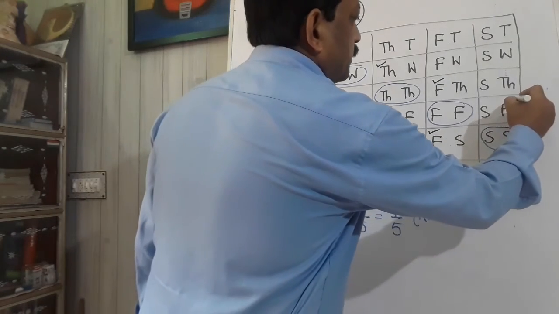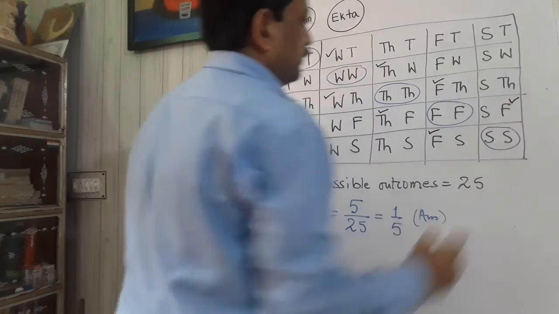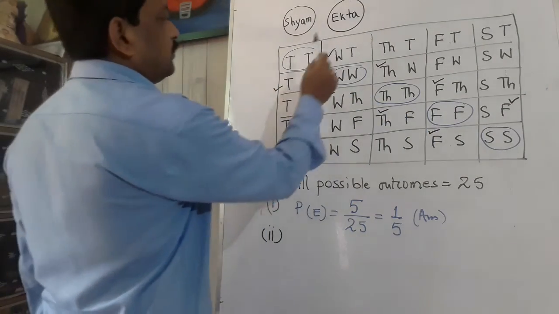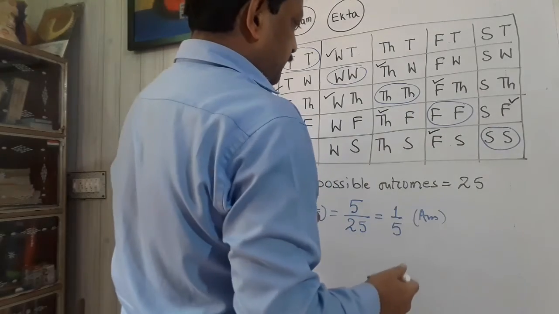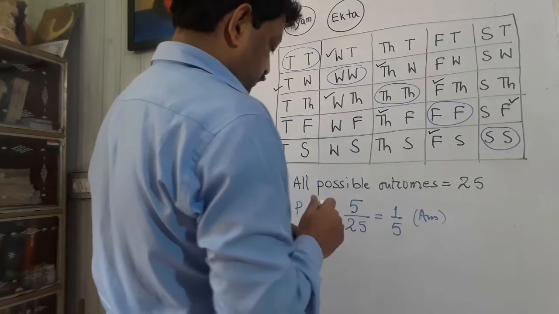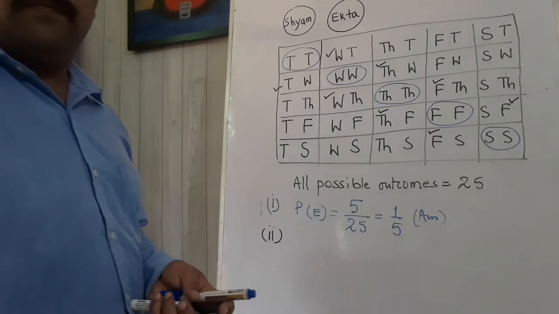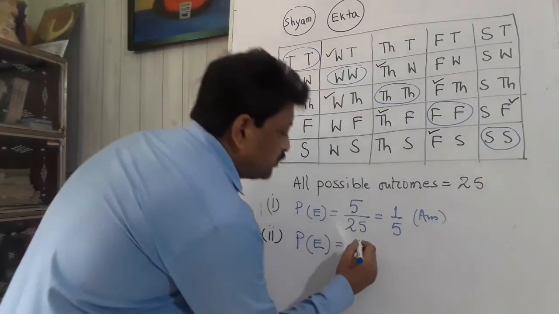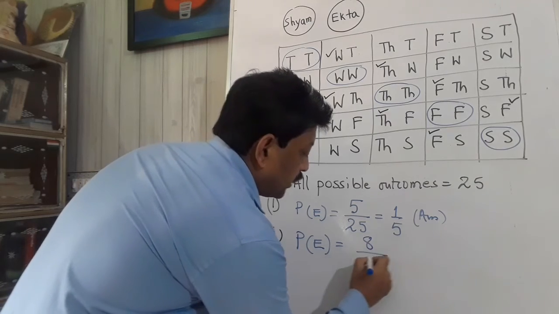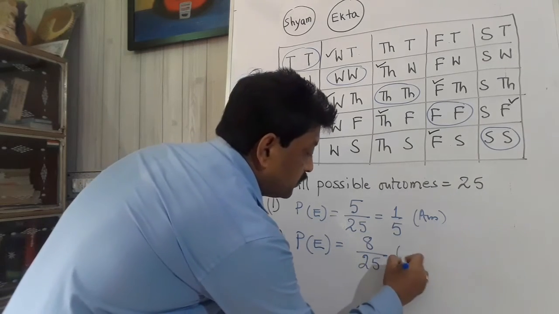And Saturday, Friday. How many cases? 1, 2, 3, 4, 5, 6, 7, 8 cases are there. Therefore, favorable outcome is 8 and total outcomes 25. This is the answer.